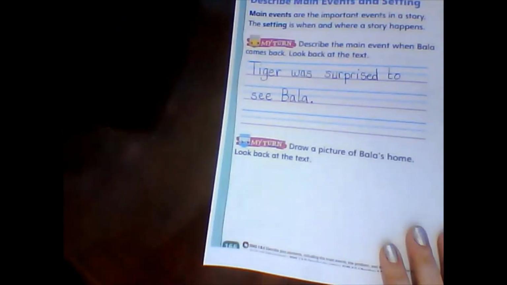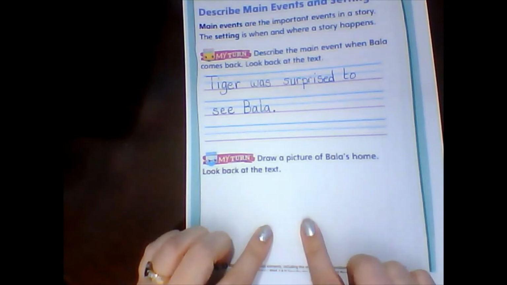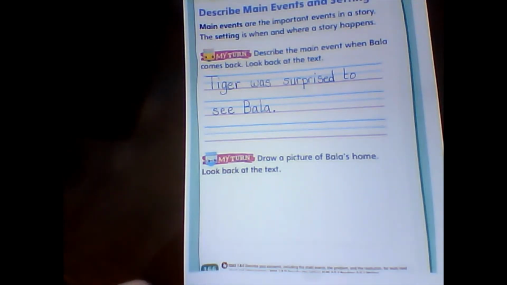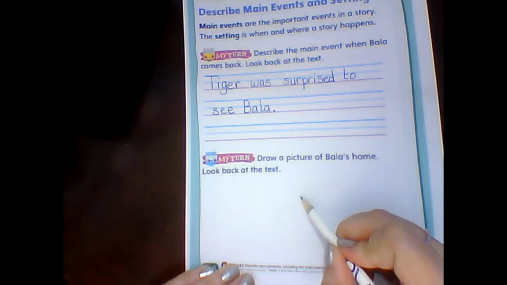So let's move the book out of the way. And what I want you guys to draw is a picture of Bala's grassy home. So Mrs. Morris is not an artist, but Mrs. Morris is going to try. So let me draw Bala's home.